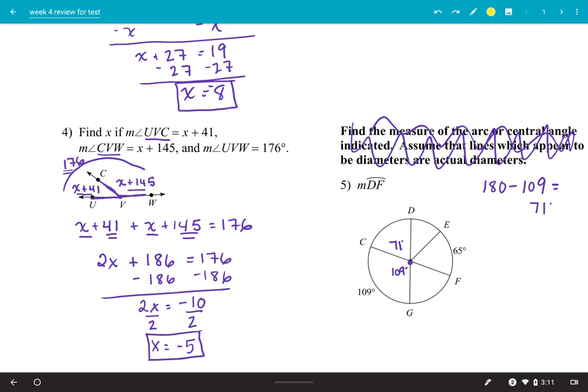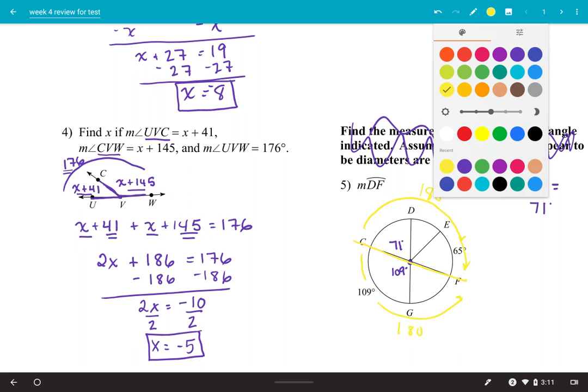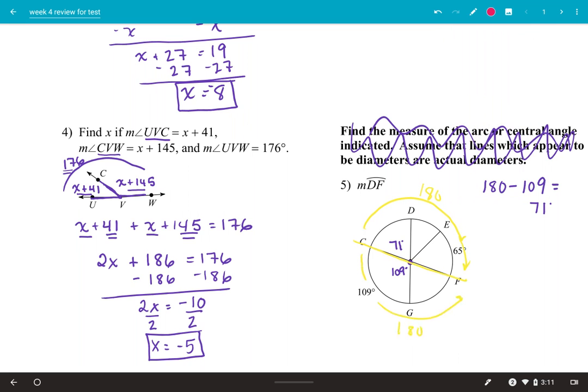So let's try this part here. So we know this part is also going to be 180. And this one, all the way to here, is also going to be 180. So we can actually do two sets. So for the first one here, I can go 180 minus 109. And we know that's also going to give us 71. So we have 71 here.